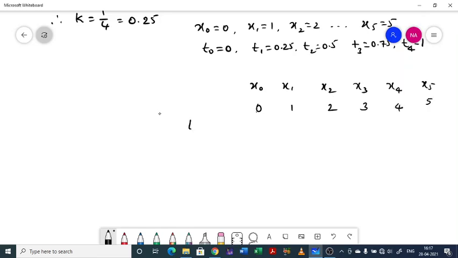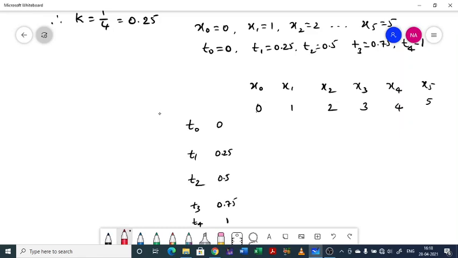And here the values of t: t0, t1, t2, t3, t4, that is 0, 0.25, 0.5, 0.75, 1.